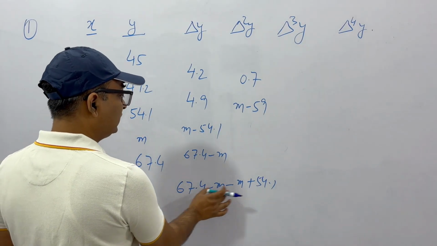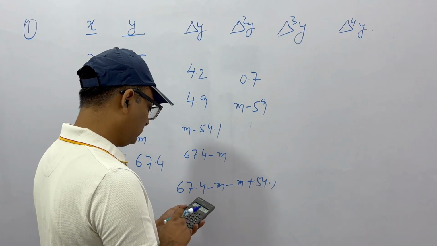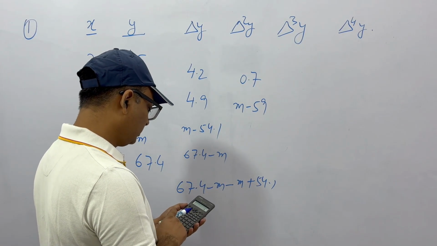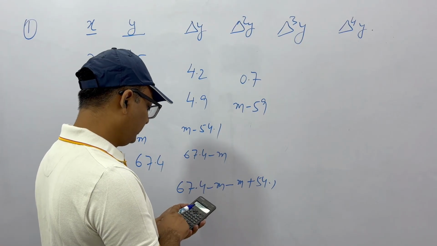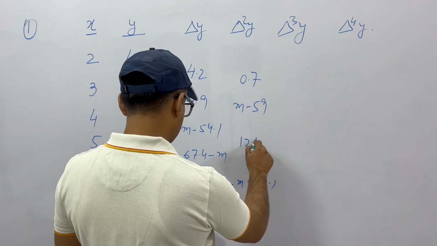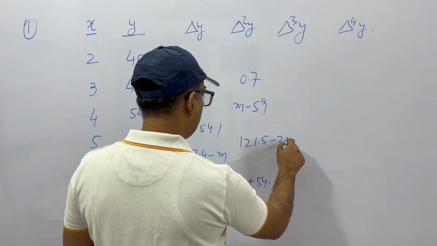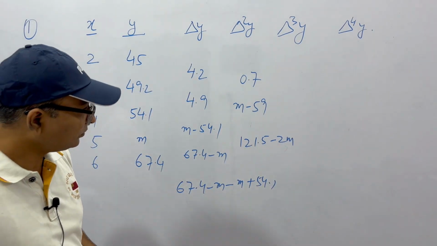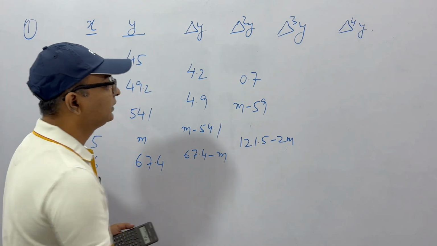So this is this plus this. Let's do 67.4 plus 54.1. This is 121.5 minus 2m.